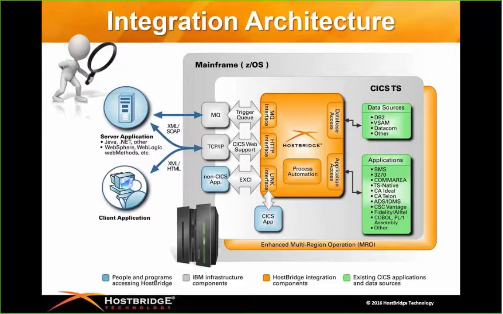With HostBridge, you send one request up to the host with all the data necessary to complete the process, and HostBridge does all of that interaction between HostBridge and the host. And it only sends back just the response that's required. So if it walks through all those screens, it fills in all those fields, it takes care of any errors that may creep up, any problems that might occur.